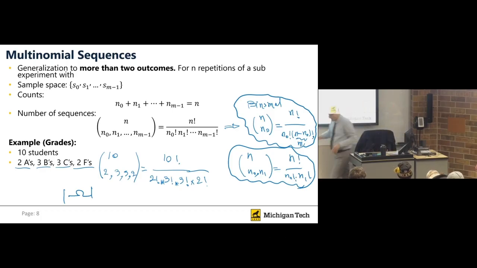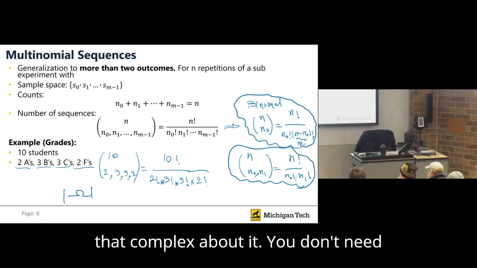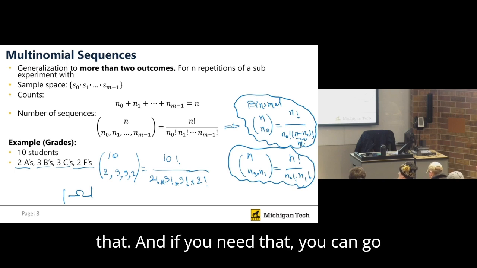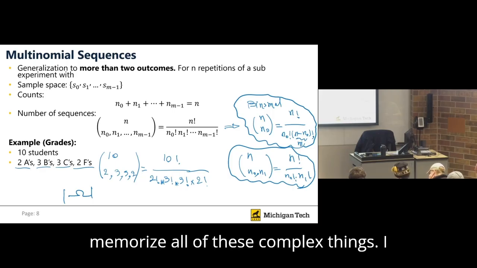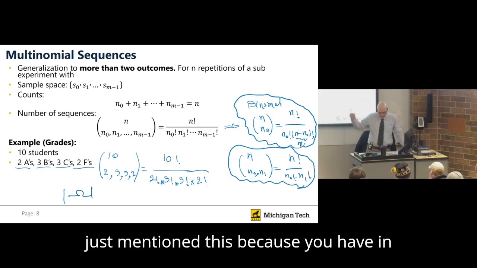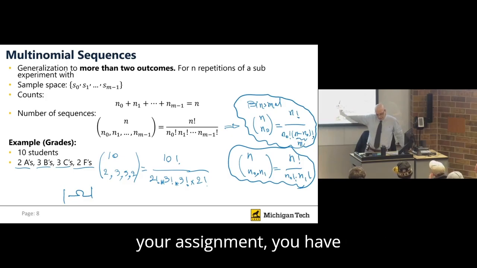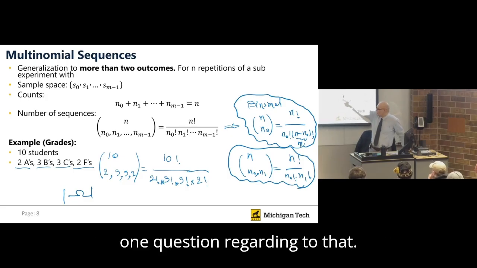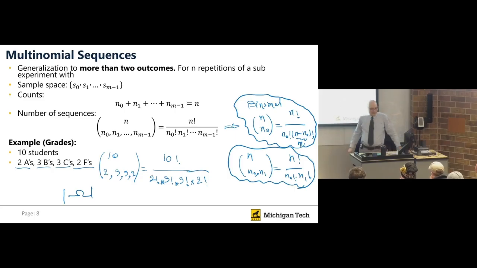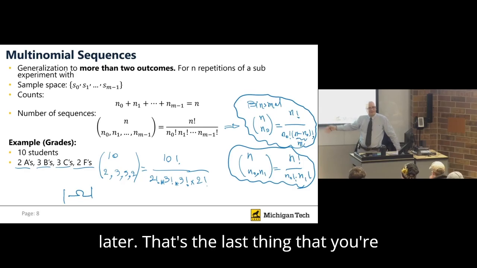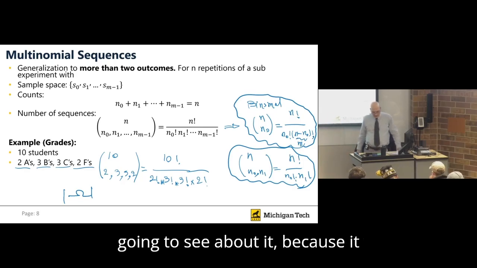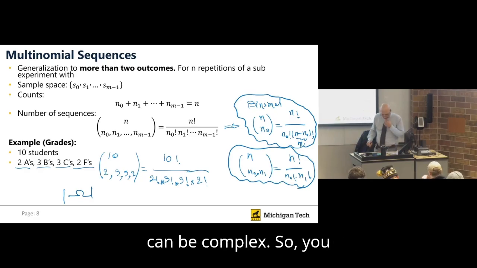Don't need to think too much about it. We're not going to go that complex, because you don't need that. And if you need that, you can go find it in this way. You don't need to memorize all of these complex things. I just mentioned this because you have one question regarding that in your assignment. But we're not going to see that later. That's the last thing that you're going to see about it because it can be complex.